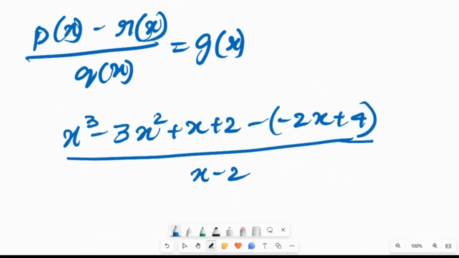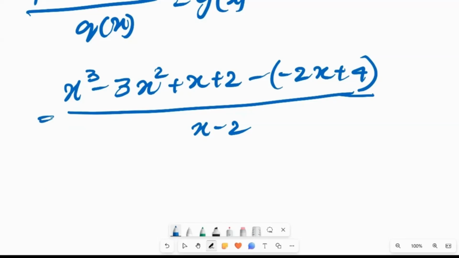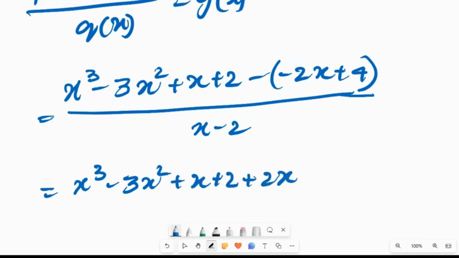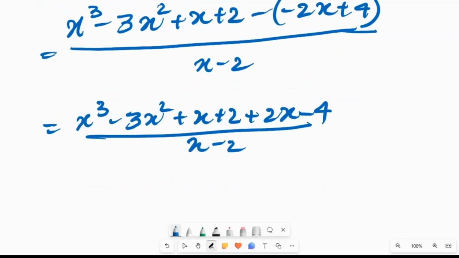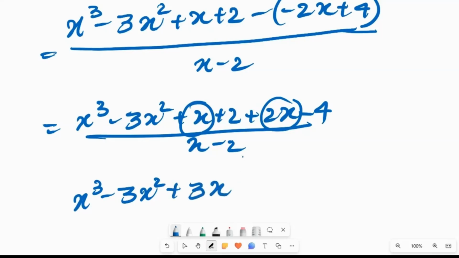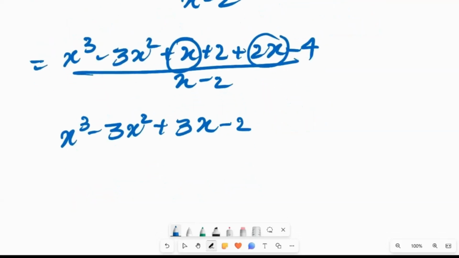So if I open the brackets and simplify it, it would be x cube minus 3x square plus x plus 2 plus 2x minus 4 by x minus 2. So x plus 2x is 3x, x cube minus 3x square plus 3x, and plus 2 minus 4 is minus 2, and we need to divide the whole thing by x minus 2.